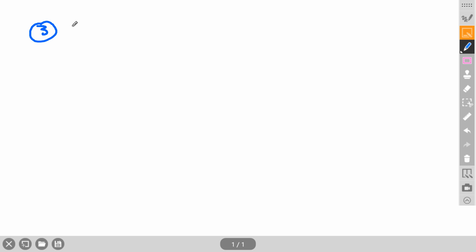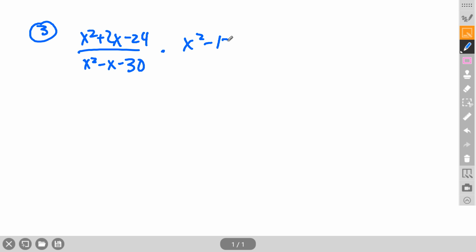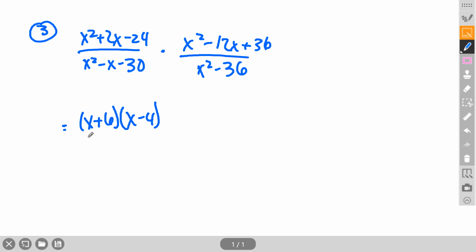Number 3, it says multiply or divide. We got x squared plus 2x minus 24 over x squared minus x minus 30, times x squared minus 12x plus 36 over x squared minus 36. When we're multiplying and dividing, we have to factor everything, all numerators and all denominators. X squared plus 2x minus 24 is x plus 6 and x minus 4.